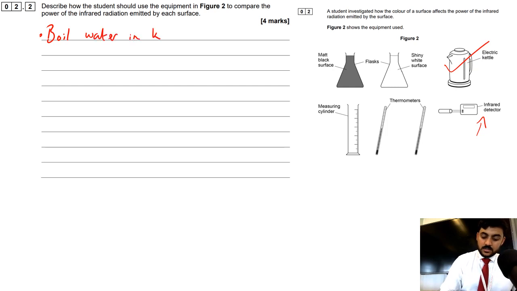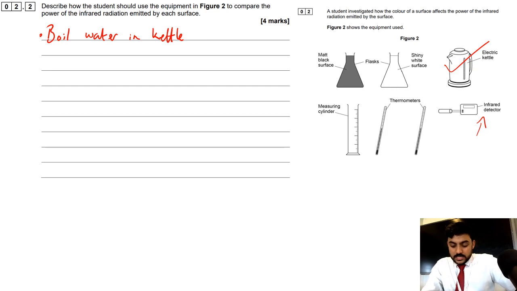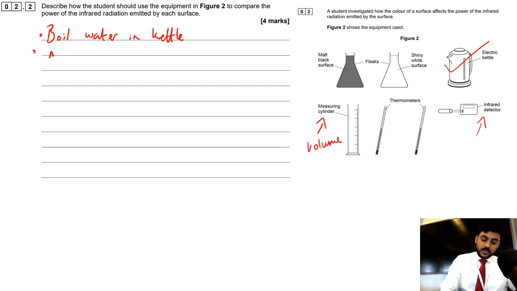Water in kettle. And then we'll use a measuring cylinder to pour the same volume of water. Measuring cylinder measures volume. All right. Measure same volume of water into each flask.